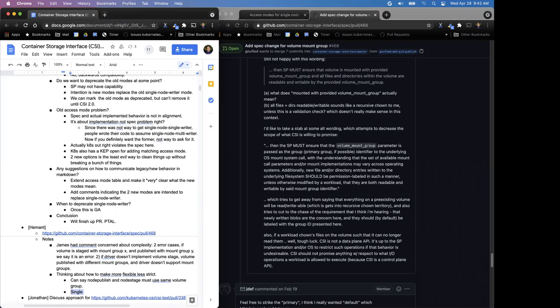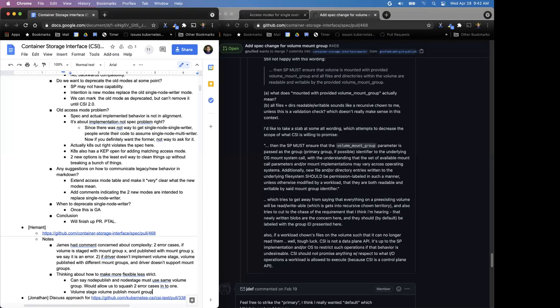They all have to use the same volume mount group. That would allow us to squash these two error cases into one: volume already staged or published with a different mount group, and then the details can be found in the message.